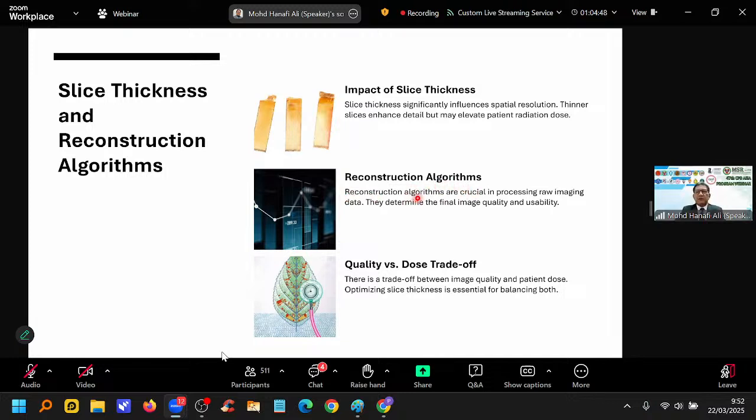Reconstruction algorithm, we can say that nowadays it is very good. We have IR. Before that, we always used filtered back projection. They used filtered back projection because it was a simpler algorithm, and with the capability of the computer at a certain time, we could get a very good image. Compared to now, we have very high-tech computers, CPU or processing.